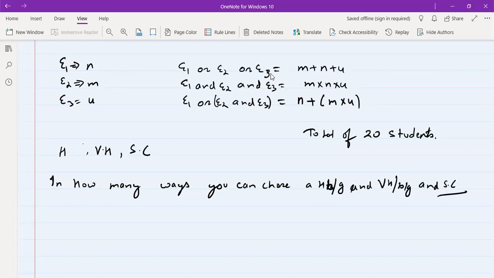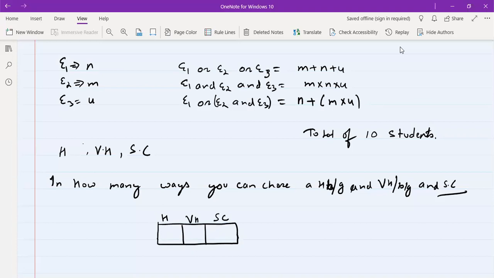I'm giving you 2 minutes. See this, right? What I told you: make three boxes, which are three positions. The first box is for head boy, the second box is for vice head boy, and the third is for sports captain.